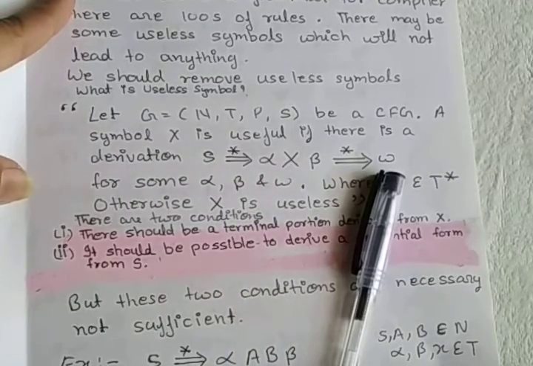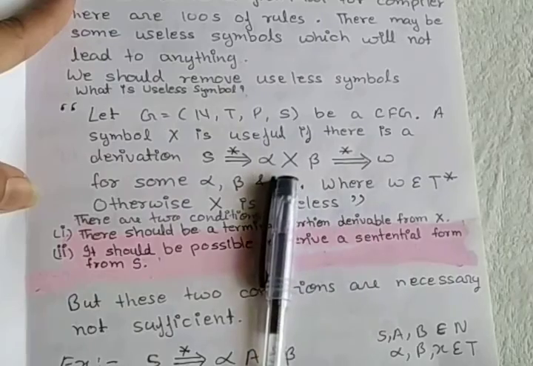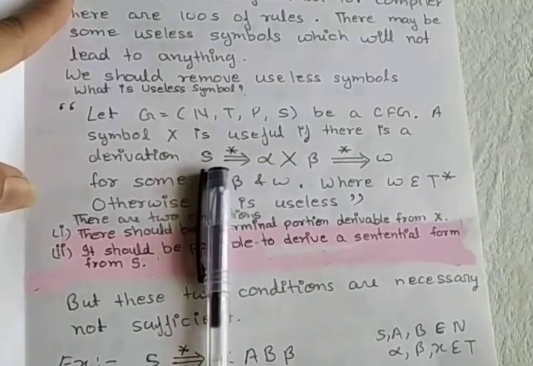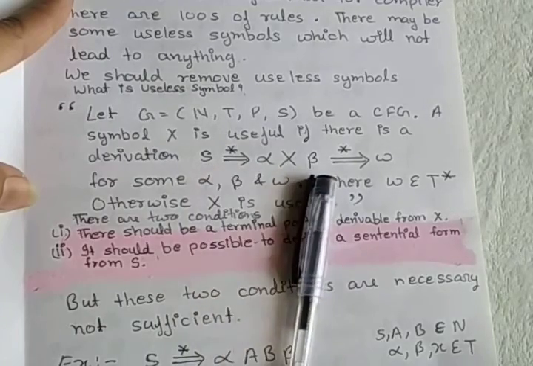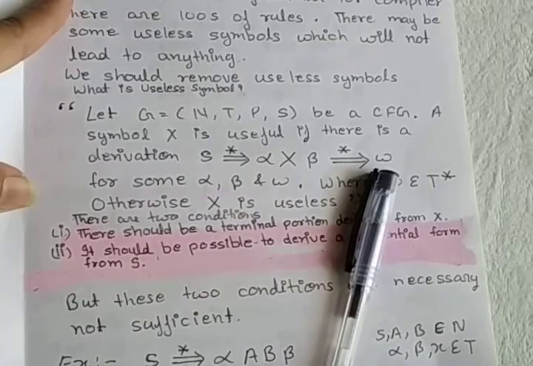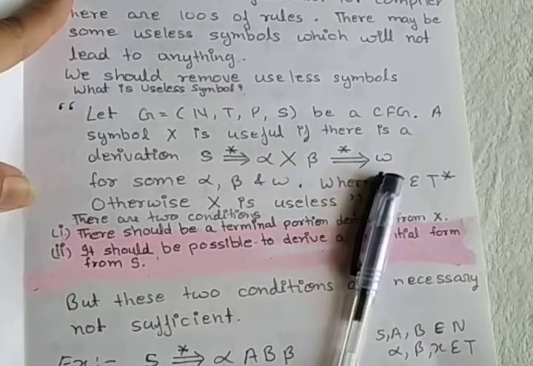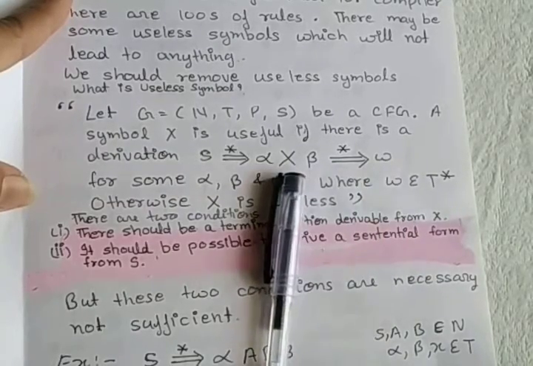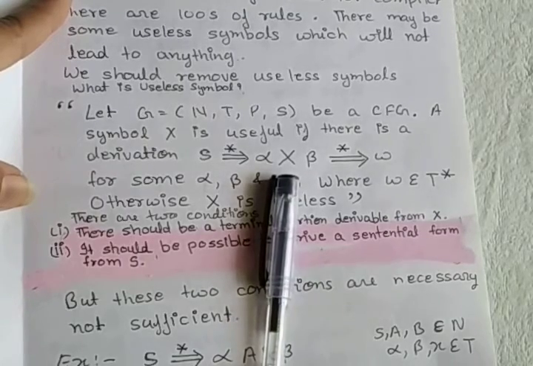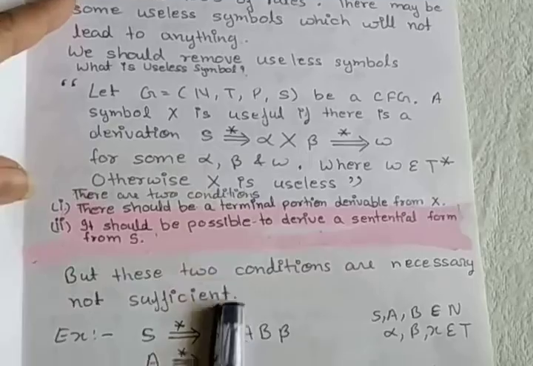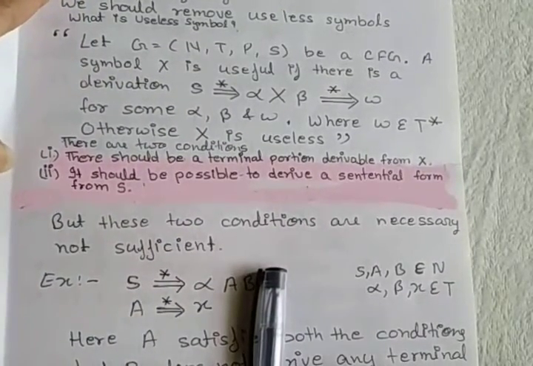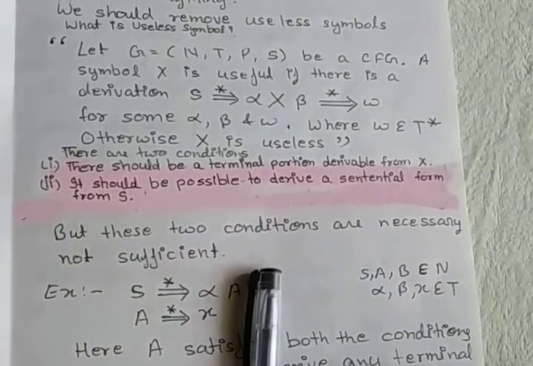The second condition is that X should be derivable from S. Both these conditions should be satisfied. Now, these two conditions are necessary conditions but not sufficient conditions.